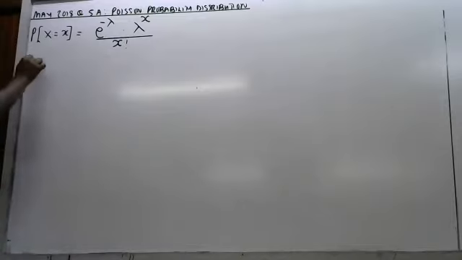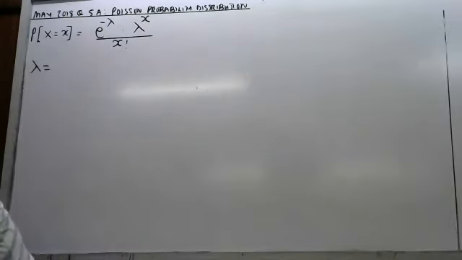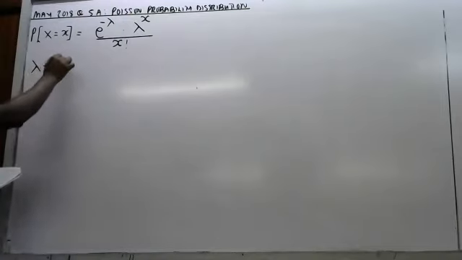And remember, lambda is the mean. So we are told in this question, the mean is 0.4 per week.